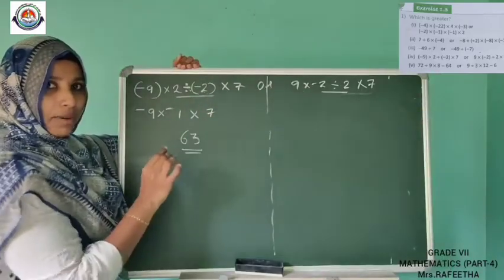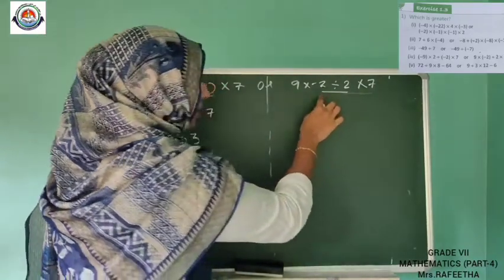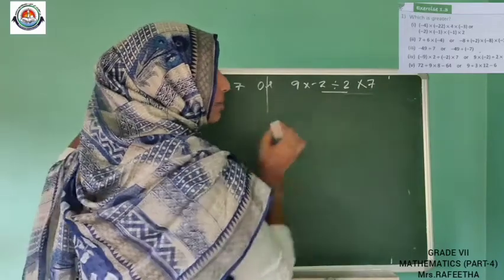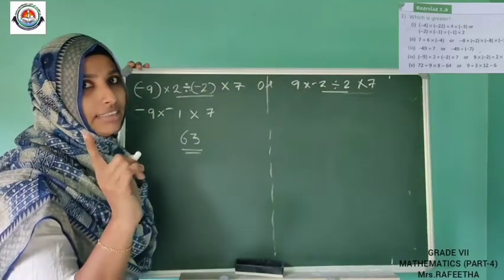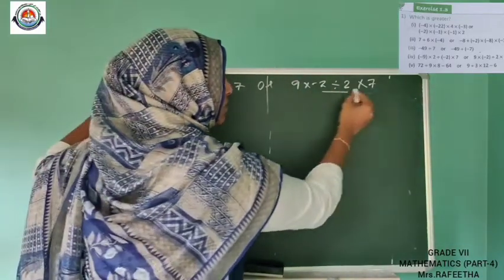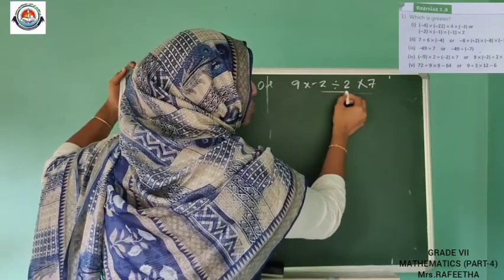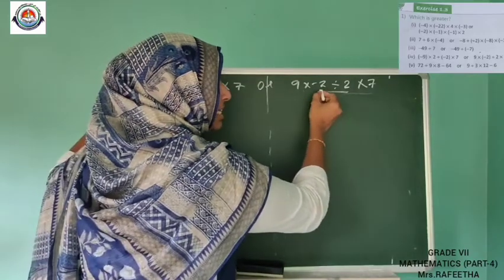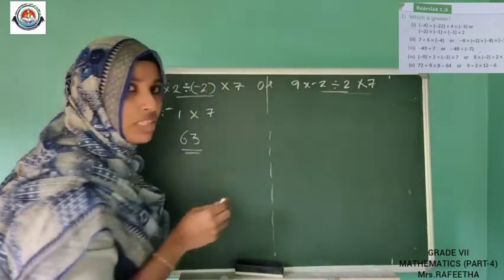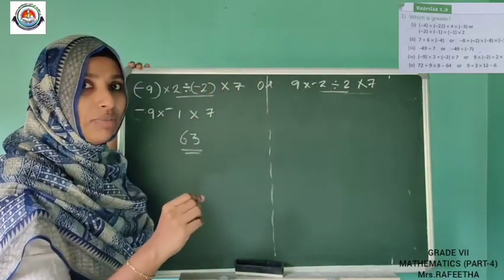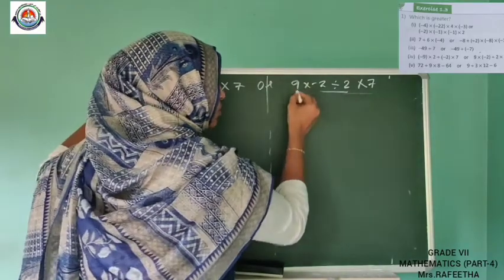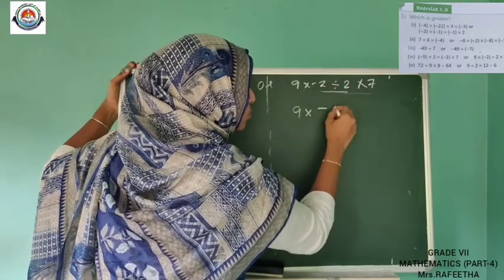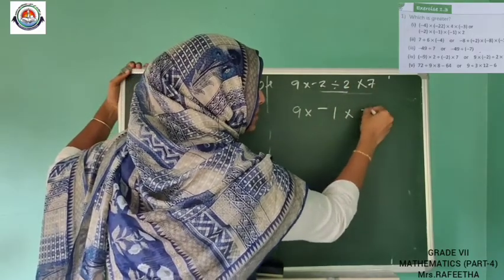Next we can do that part. Is there any bracket here? No, bracket is not there. So after the bracket, what do we consider? Yeah, that is division. So are there any divisions here? Yeah, here minus 2 and 2 are going through division. So if one integer is negative and the next integer is positive, in the case of division, what will be the answer? Yeah, negative. So write this 9 into minus 2 divided by 2, 1 itself, into 7.